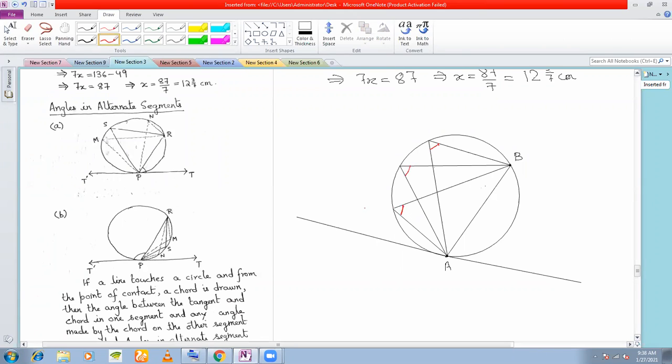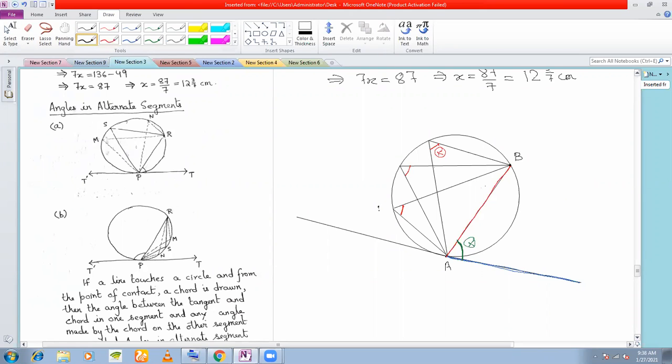And the angle between this chord and this tangent will be this angle. Then these two angles, any pair of angles that you consider, this angle and this angle, will be angles in alternate segments.